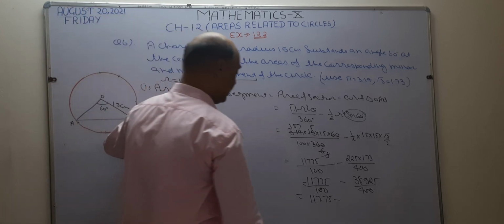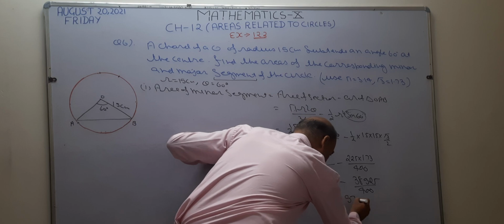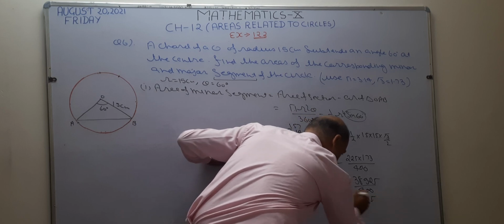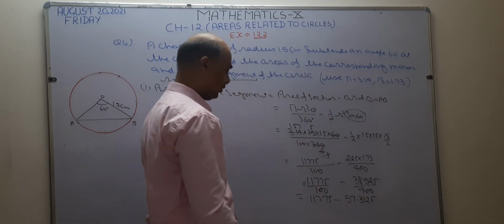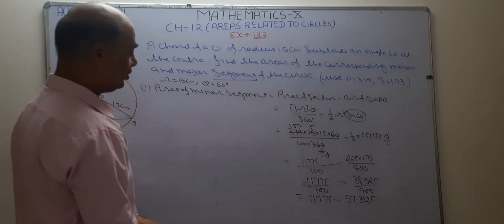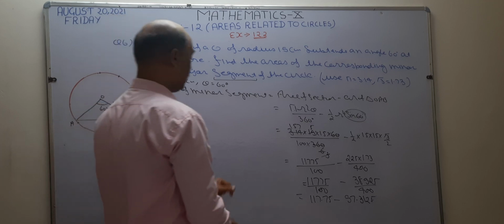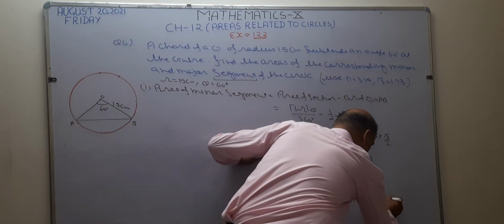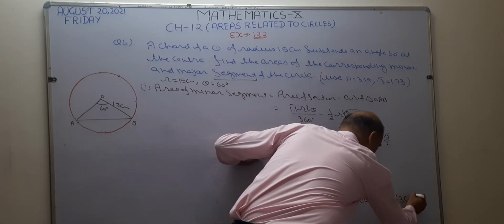The answer becomes 97.3125. Now subtract 97.3125 from 117.75. The answer becomes 20.43. So this is your answer.